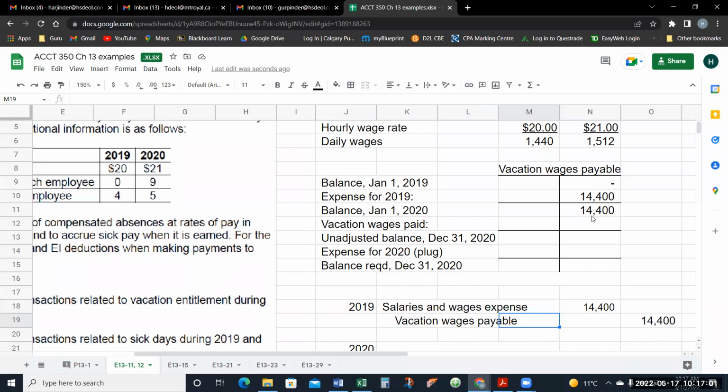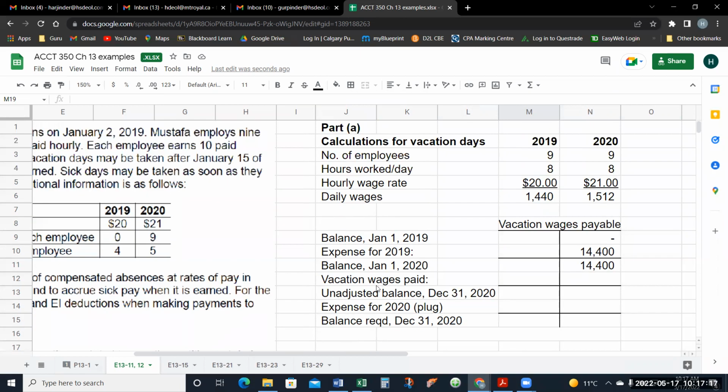Now, things change a little bit in 2020 because during 2020, employees actually went and took some paid leave, right? They took 9 days. Now, if they're taking their vacation in 2020, they'll be paid at the wage rate in effect in 2020. That should make sense, right?